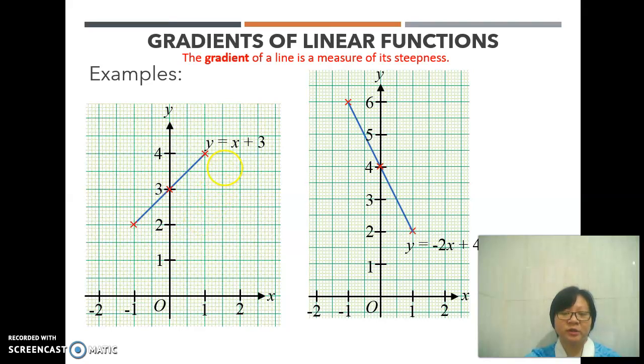So the graph on the left has positive gradient because you are moving up from left to right. But what about the graph on the right? Okay, from left, imagine here, you are moving down.